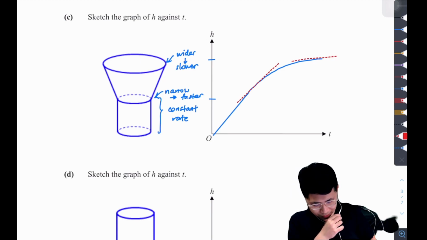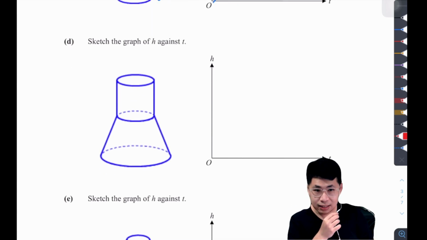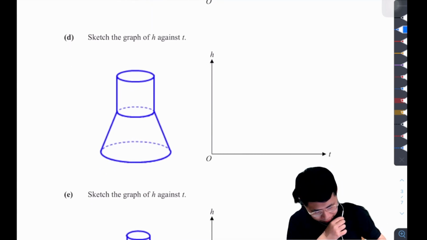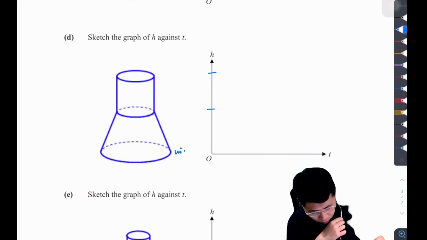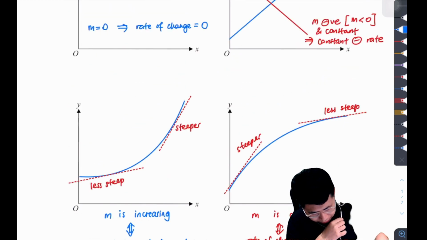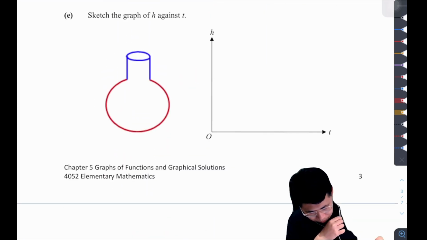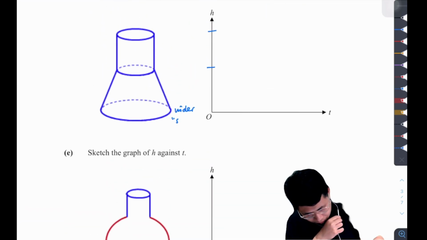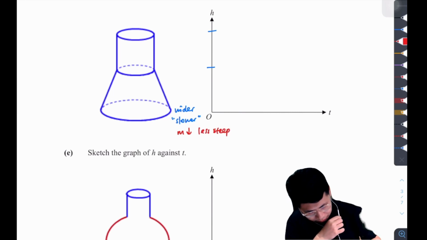Okay, next one. Sketch the graph of h against t, the next one over here. Let's track the heights first. Over here it is going to be wider, so it's going to fill up slower, so the gradient is going to be lower, less steep over here.